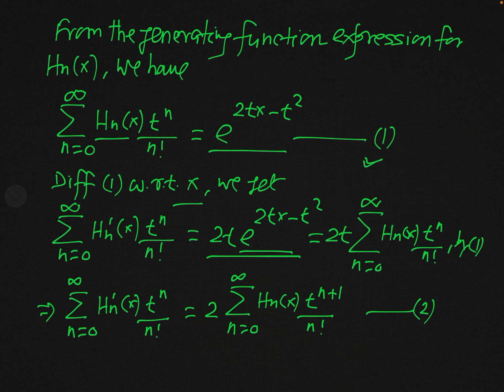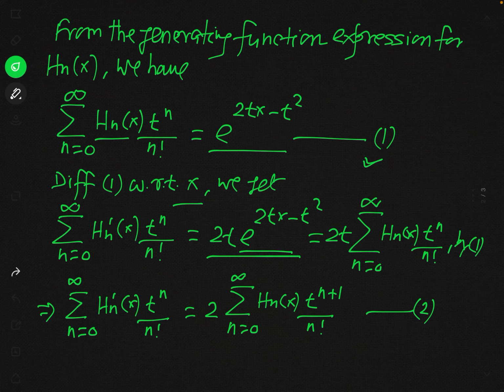Now first of all, we want to find what will be H0 prime of x. For this we will take simply n equal to 0 and then equate the coefficient of t raised to the power n in both sides for n equal to 0. So you can easily see when we take n equal to 0 in LHS, there will be H0 prime of x t raised to the power 0 over factorial 0.